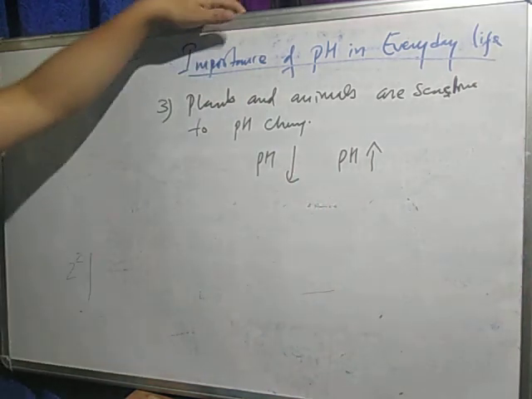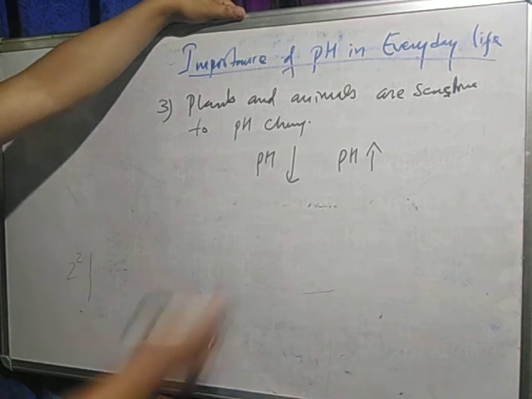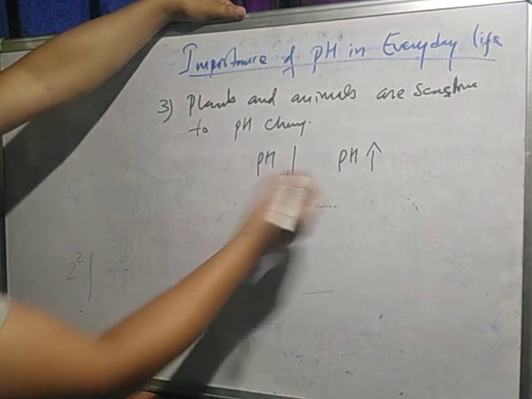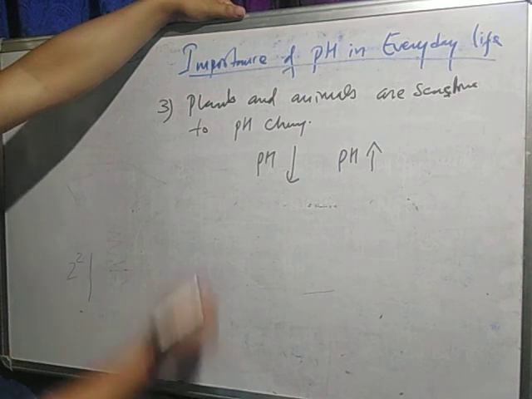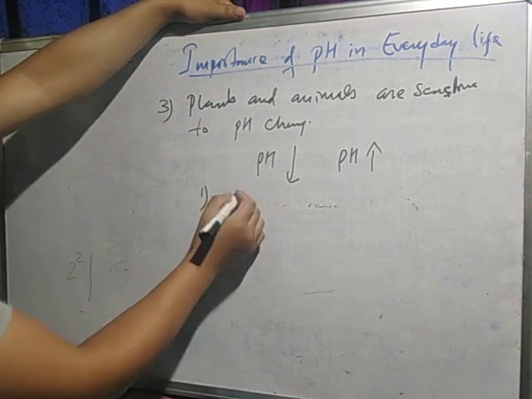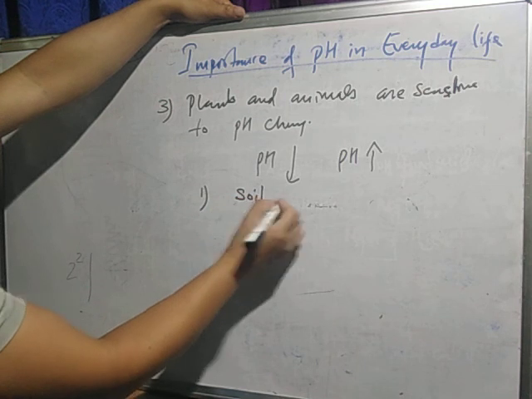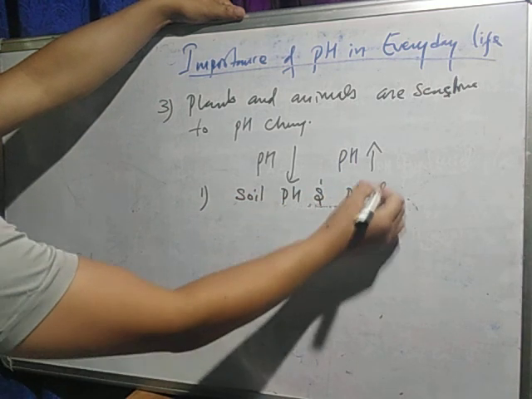So what do they use to neutralize this pH? The pH should be on the scale, in the neutral range. The first example is soil pH and plant growth.